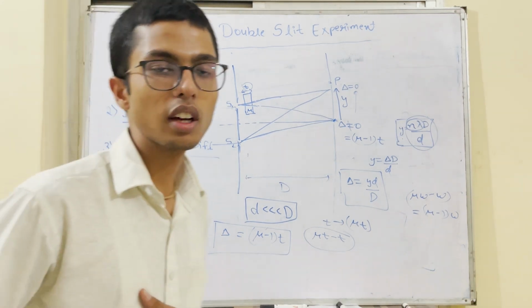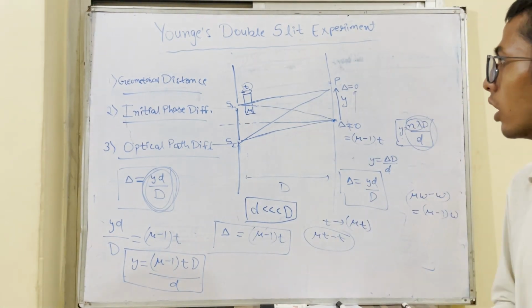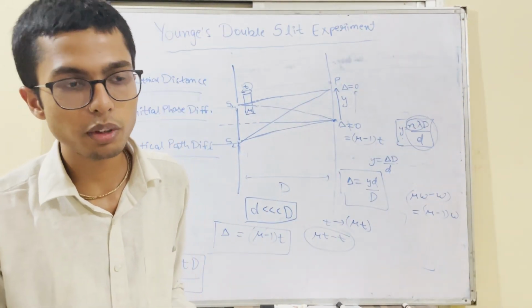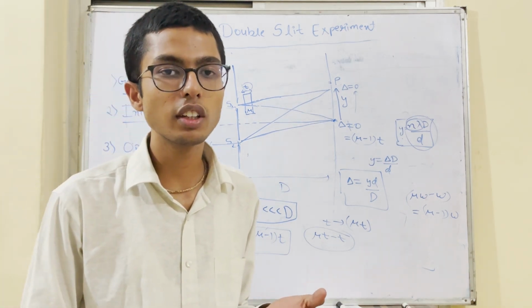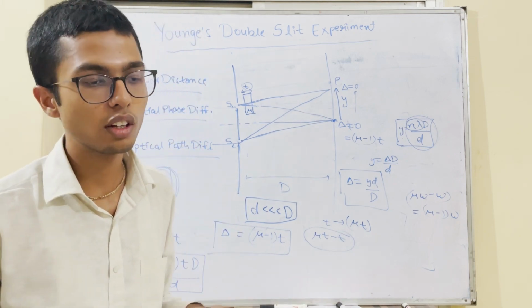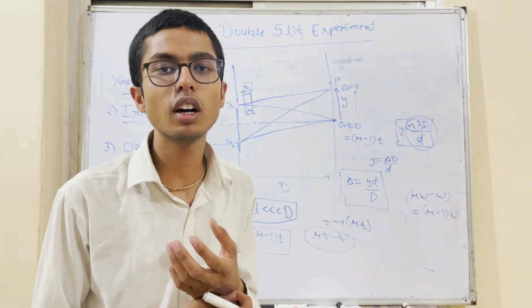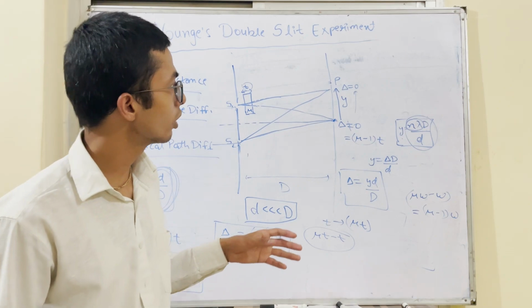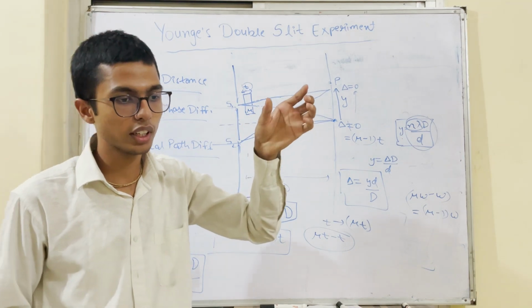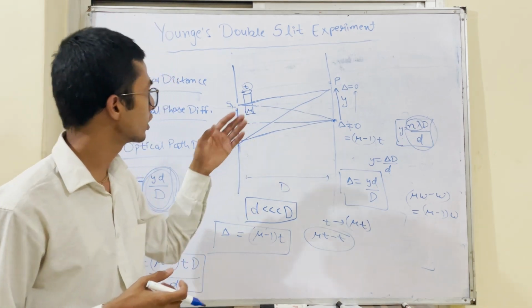So I think this is all for this lecture. We have understood how to see and analyze this YDSE experiment. We have seen how to find the bright fringes, the dark fringes, the central maxima, how to find the distance of the bright fringes and dark fringes from the central maxima, how to find the fringe width, and how to handle cases when thin films of different refractive indices are introduced in front of one slit.